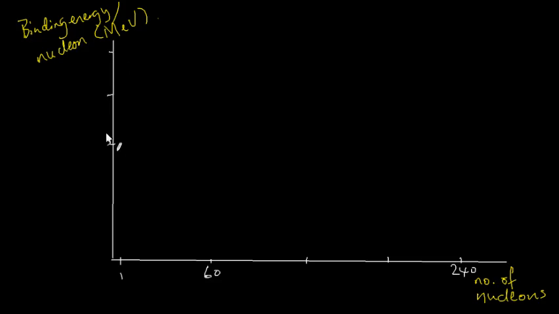And I'm just going to mark out a few values that are of interest in a moment. So binding energy per nucleon simply means that for each nucleus or each nuclide, you take the binding energy and divide by the number of nucleons. So let's take a look.